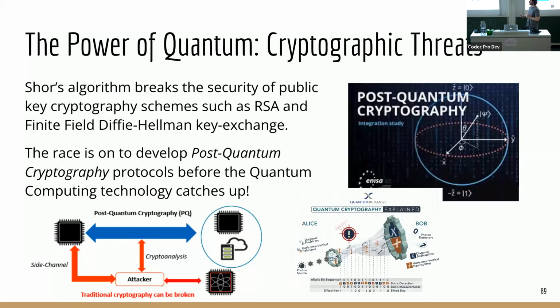And this compromises these cryptographic protocols. And so an active field right now is post-quantum cryptography, which is this quest to come up with protocols that are both robust against quantum computing attacks and also classical attacks as well. So this is an entire field of study unto itself.